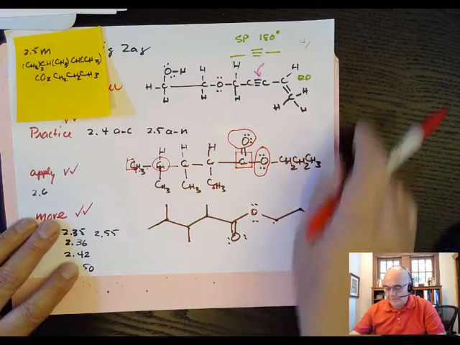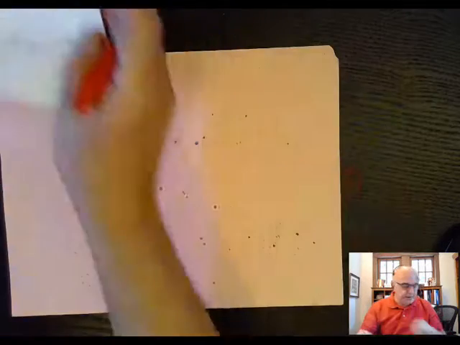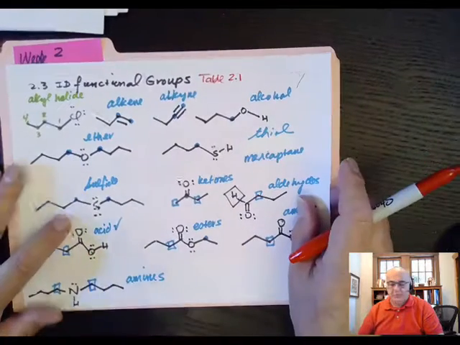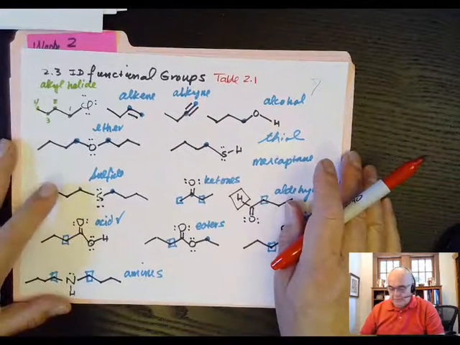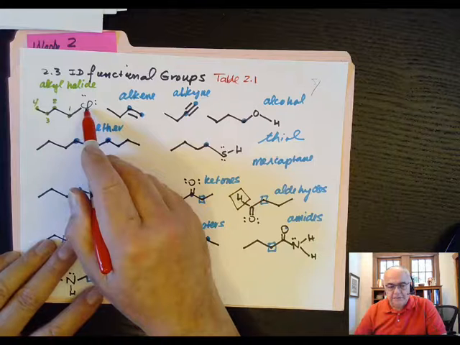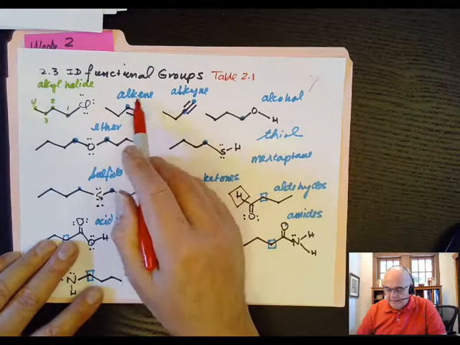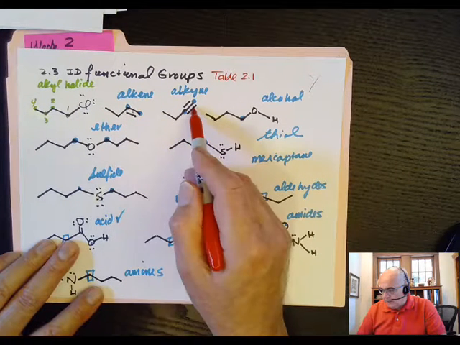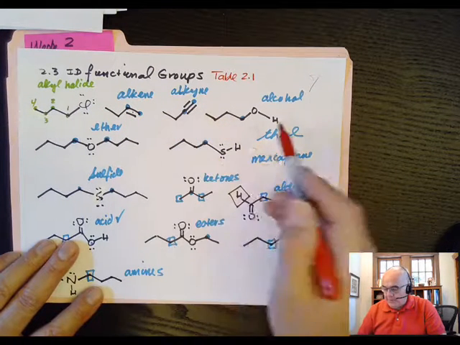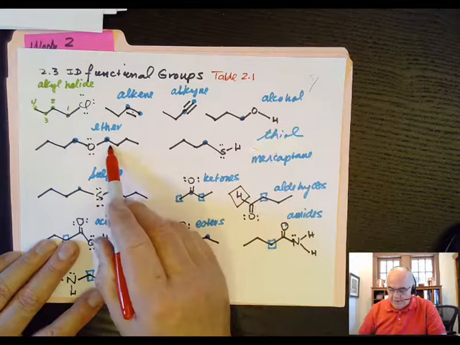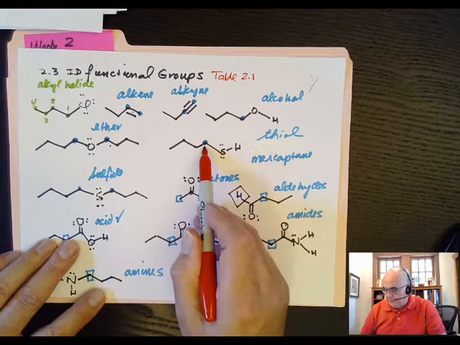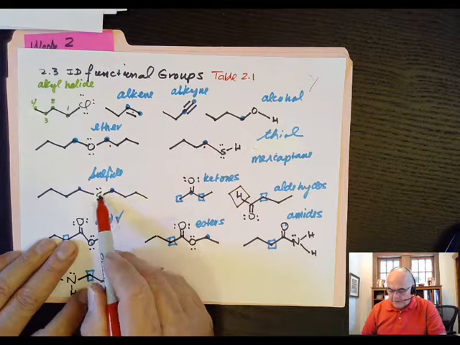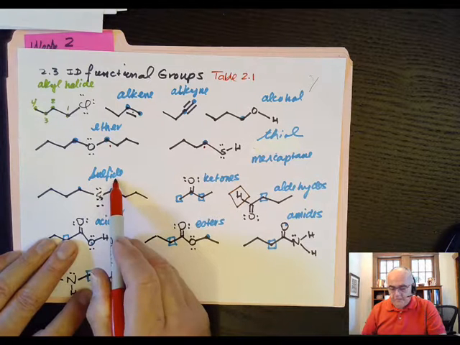We need to practice. On the next slide, slide number 5, he asks us to look at some of the functional groups. So we know the halide is a chlorine, alkene is a double bond, alkyne is a triple bond, alcohol is OH, ether is O with 2 carbons, thiol is sulfur H, and sulfur with carbon on both sides is sulfide.